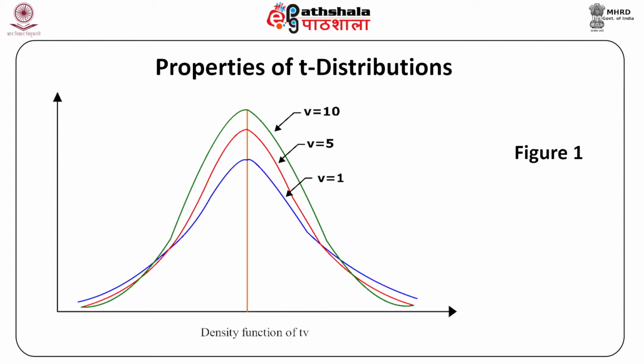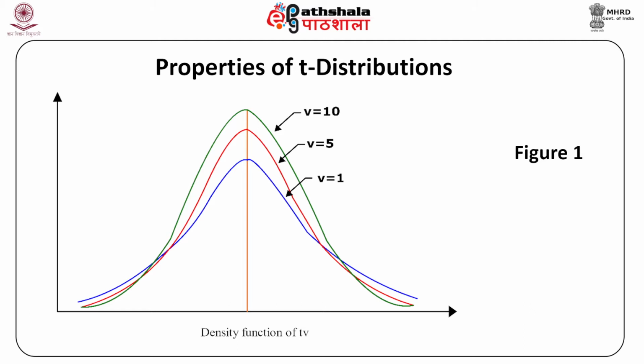Therefore, the t distribution is denoted as t nu, implying it is always defined for a given degrees of freedom nu. The values that degrees of freedom can take are the positive integers starting from 1, 2, 3 up to any number n. As the value of degrees of freedom increases, we can show that the t curve becomes less spread out and more concentrated at the center.